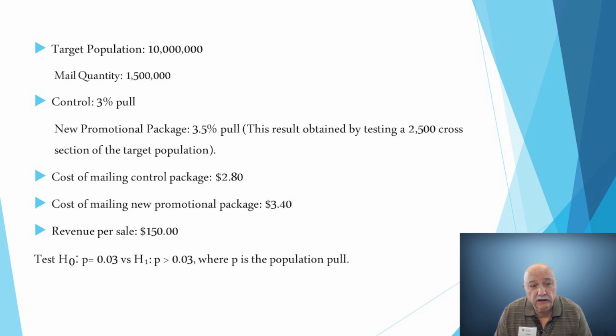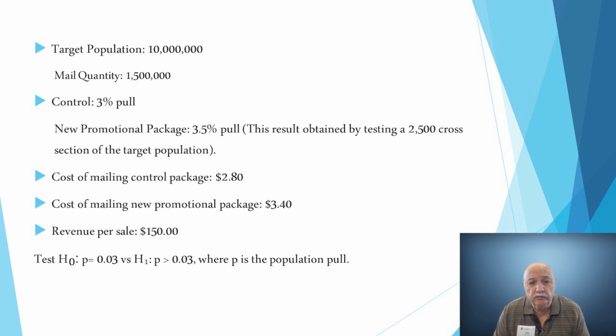Now, we have a control package, a control promotional package that we've been using over time, and it generates a 3% pull. The term pull in the direct marketing industry refers to response rate. So this control has demonstrated a 3% response rate over time.